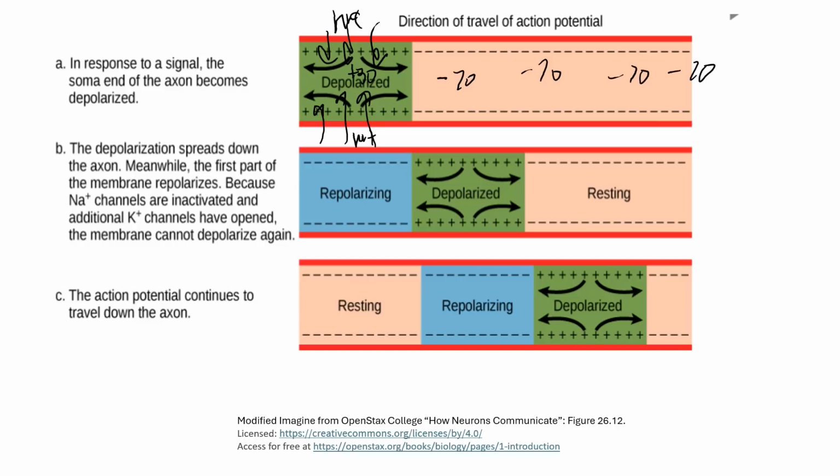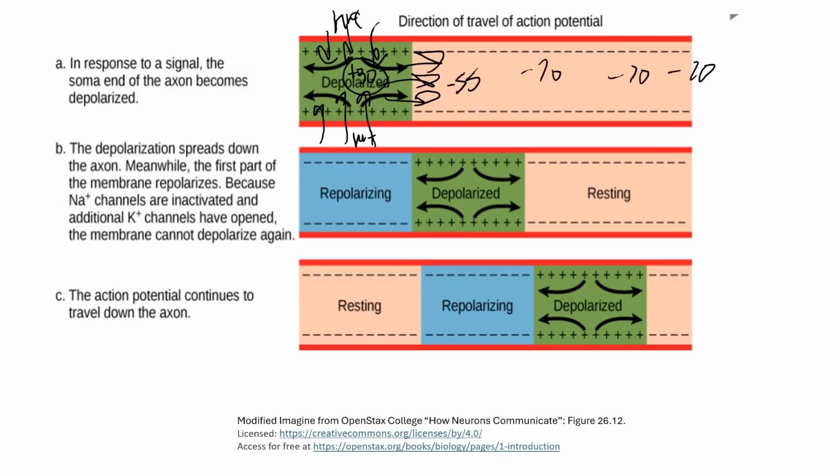But then what happens next is this action potential now, this electrical impulse, this positivity, moves into the next subsequently negative area, which is the adjacent part of the axon. And it easily depolarizes that region of the axon to threshold, up by 15 millivolts to negative 55.